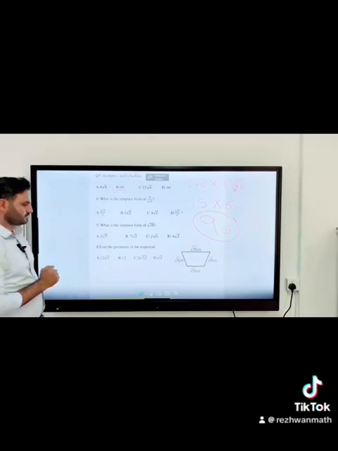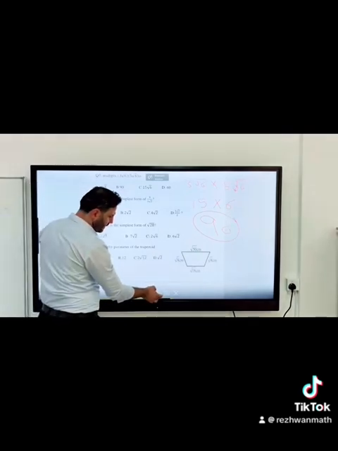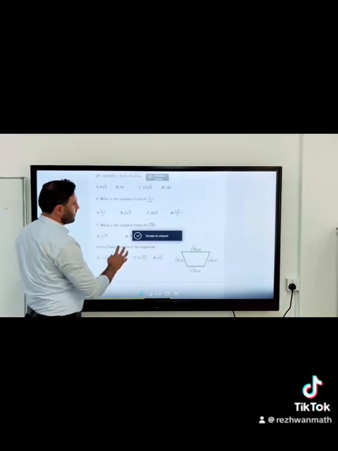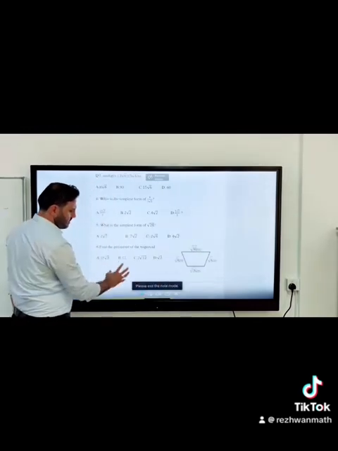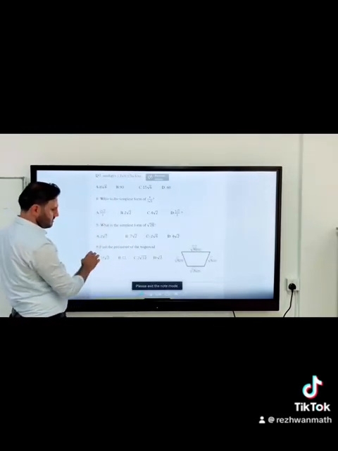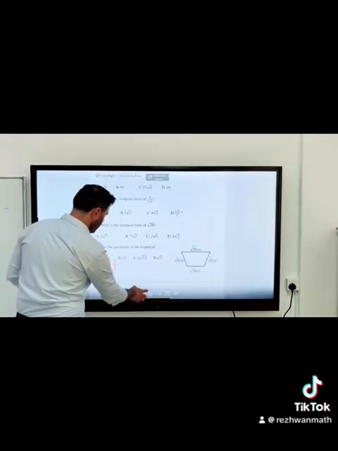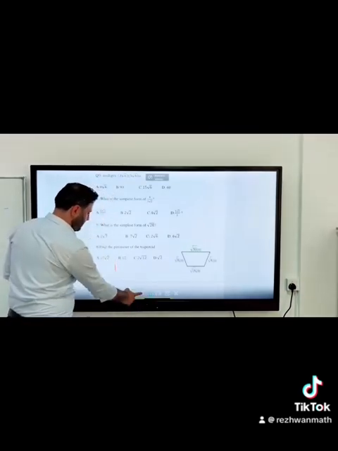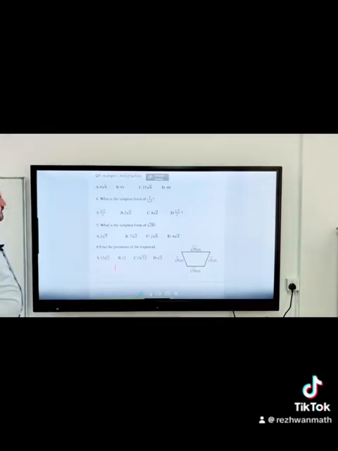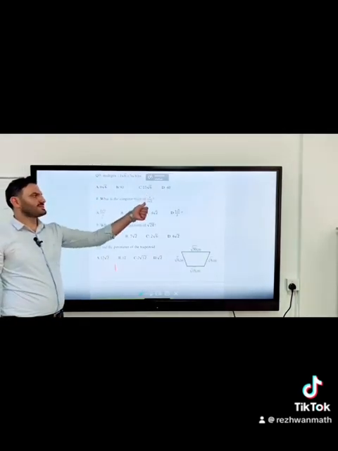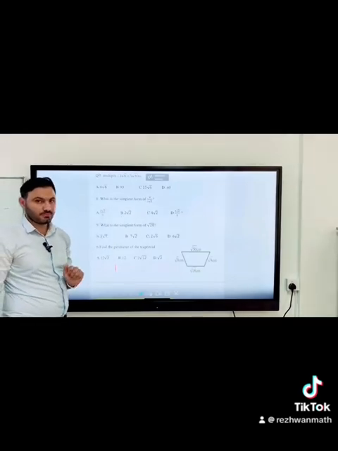Question 4. What is the simplest form of 4 over 3 square root 2?